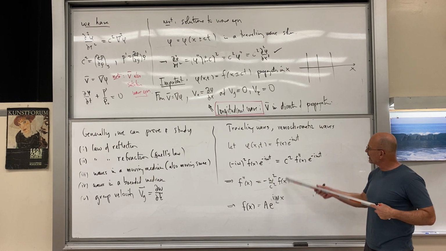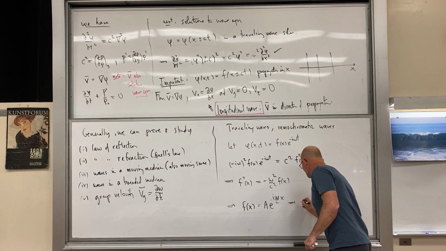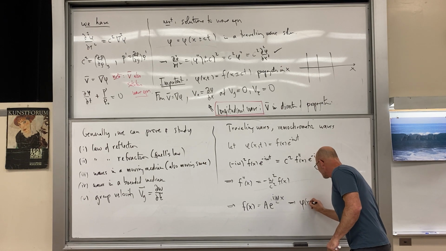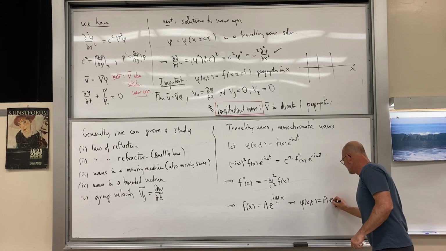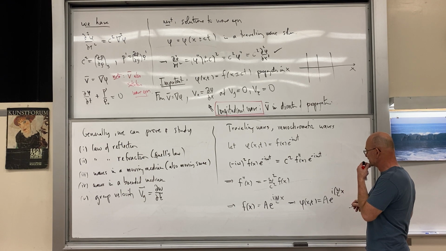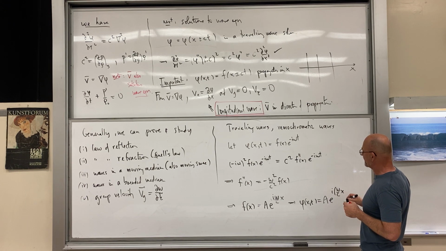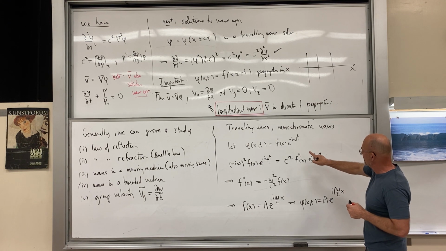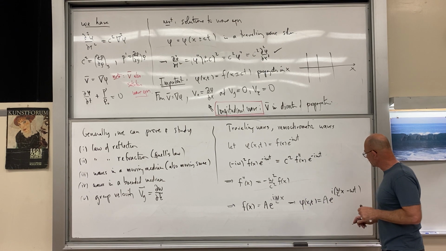When we combine it with this e to the minus i omega t, we now have phi of x and t is equal to some constant times e to the i omega over c x minus omega t. Okay, so far so good.